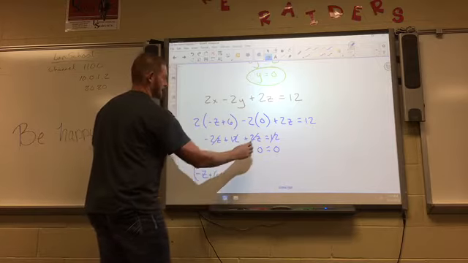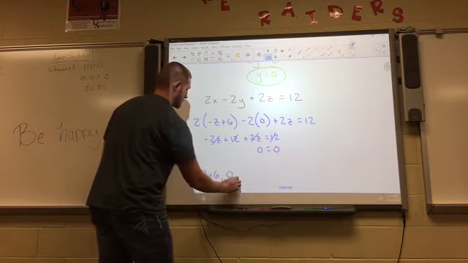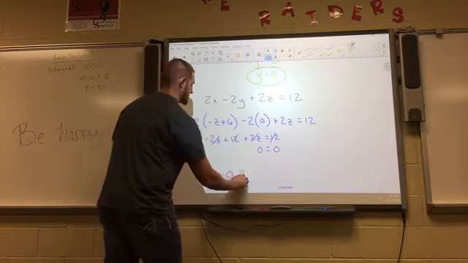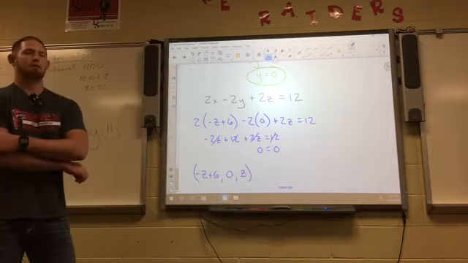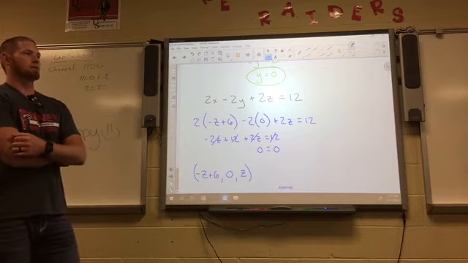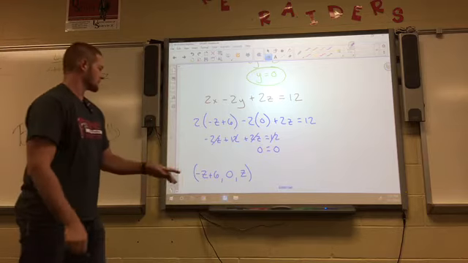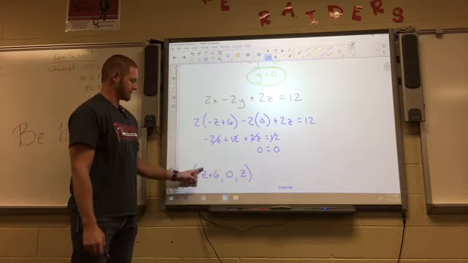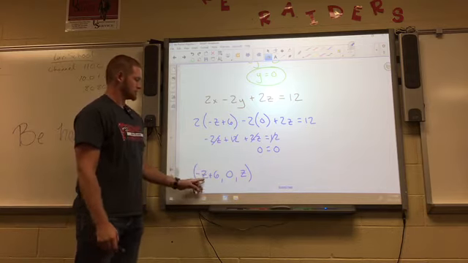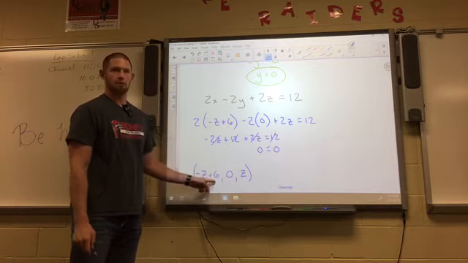Your y we found to be 0. My z is just z. That should happen if you solve, when you solve and get this, whatever this variable is should just be itself in the rest of the equation.